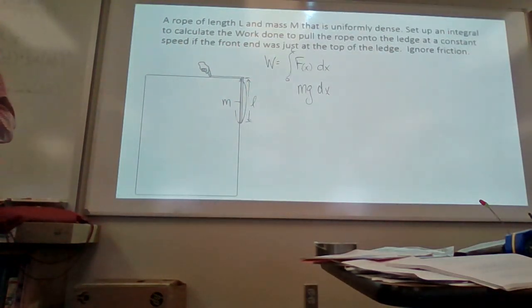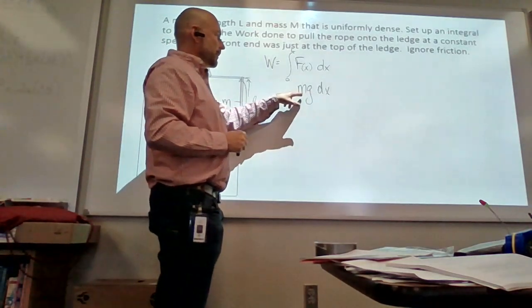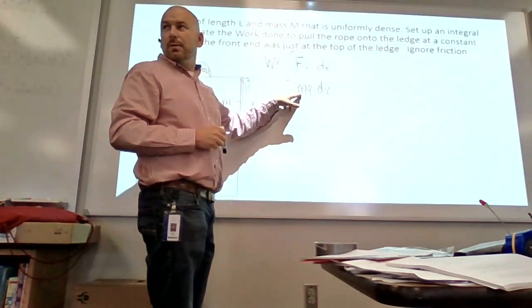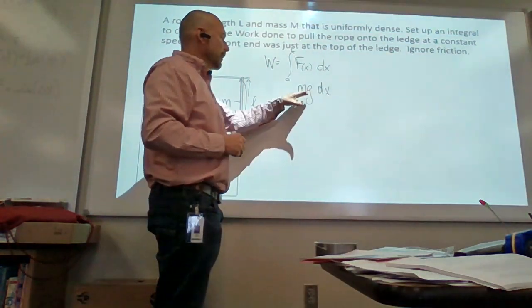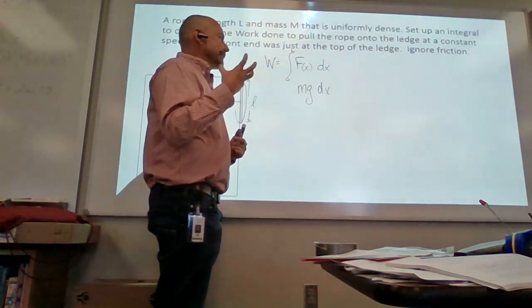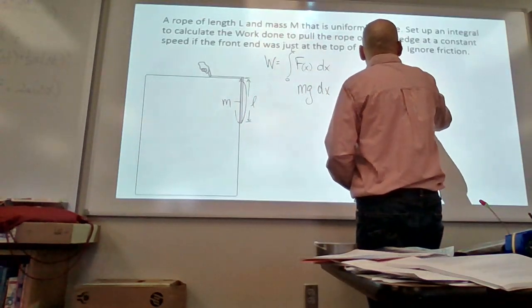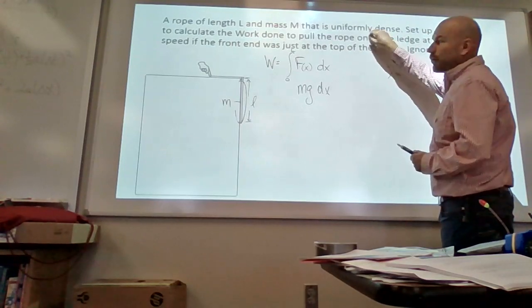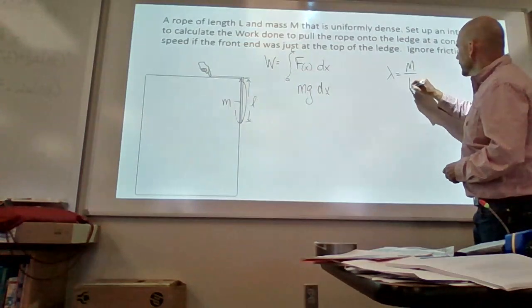Now, the problem with this is I can't integrate this because the mass is changing. That's not a constant thing. So this is where you bring in the linear density, because it's uniformly dense. So you have mass over length.